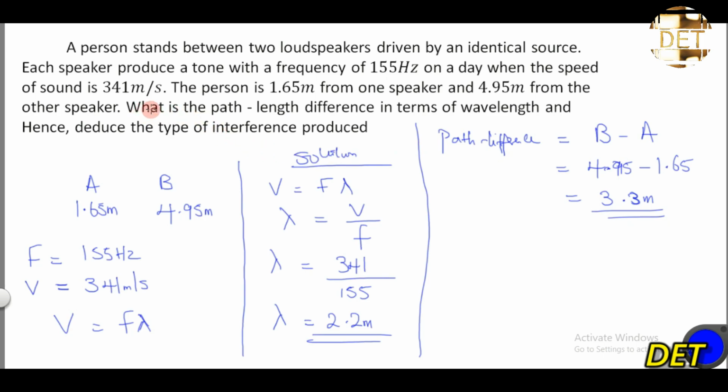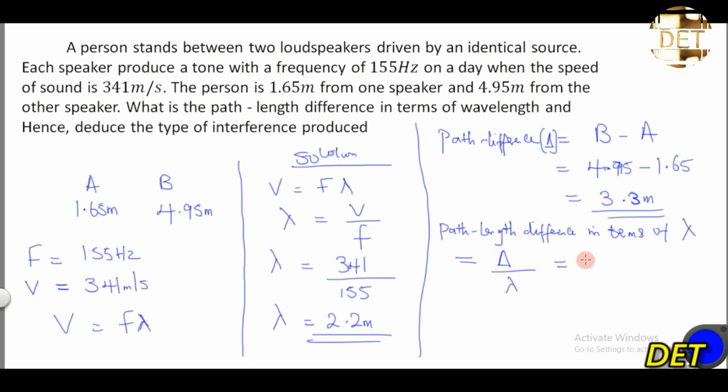So the question was to look for the path length difference in terms of wavelength. So the path length difference in terms of wavelength, lambda, will be equal to the path length difference, which I will refer to as delta, over lambda.